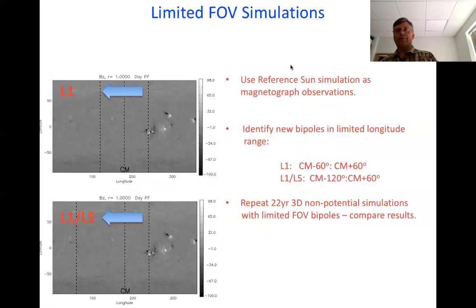So now if we move on to the limited data simulations. What we're going to do here is use the reference Sun simulations as representing magnetograph observations.